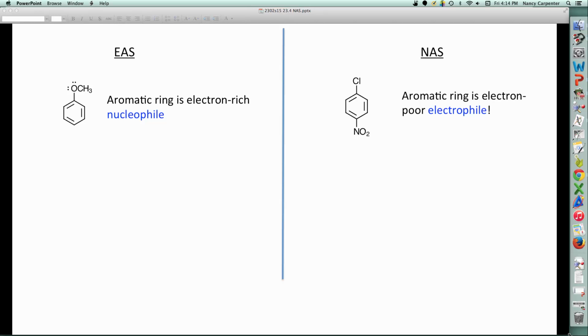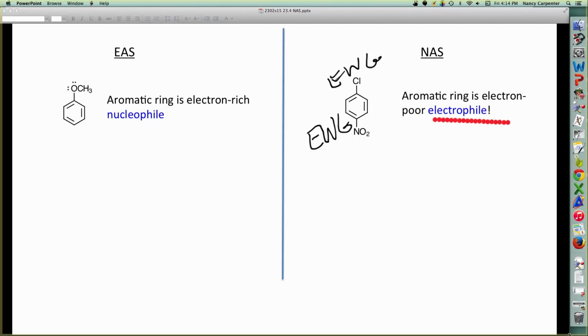It doesn't have much electron richness because it has these electron withdrawing groups on the aromatic ring that are pulling the electron density out of the ring. It is an electrophile.